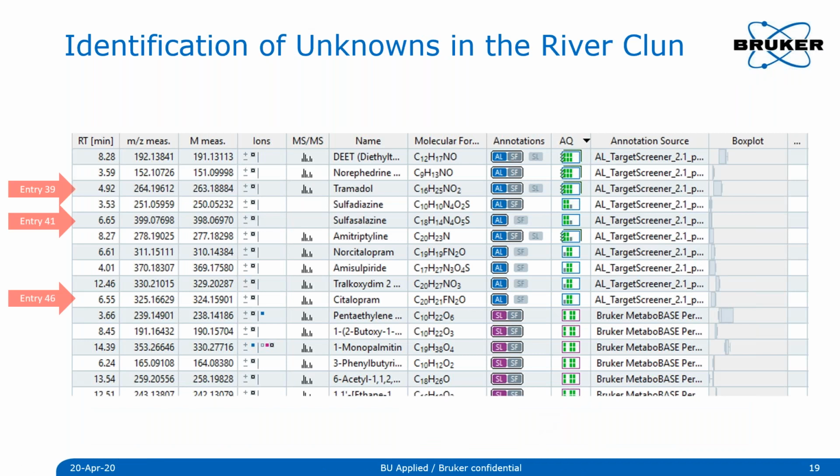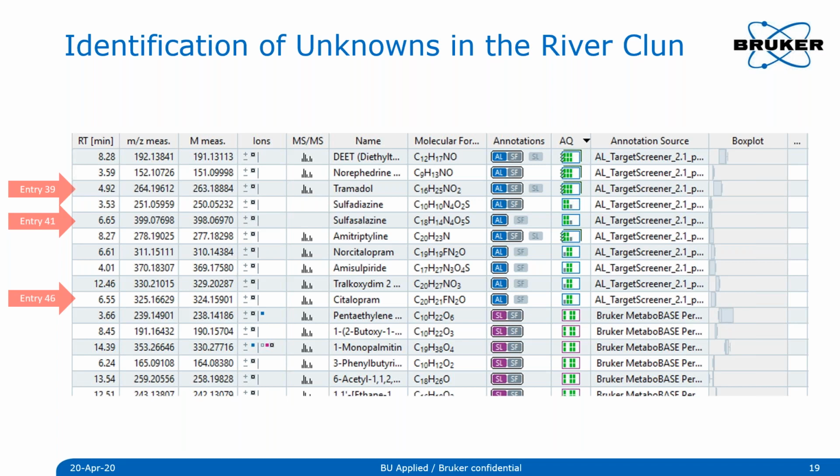As another example, here is a part of the bucket table after analysis of a water sample from sampling point number 4 at the river Clun. For instance, entry number 39 is tramadol. It's actually a narcotic pain reliever with high risk of addiction and dependence, and obviously a prescription drug.